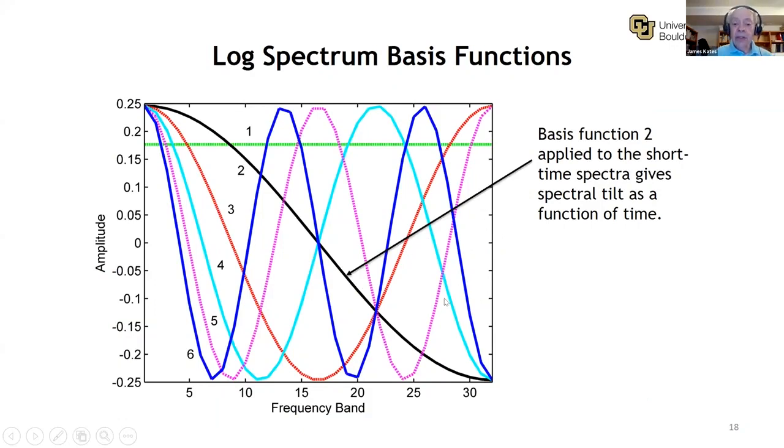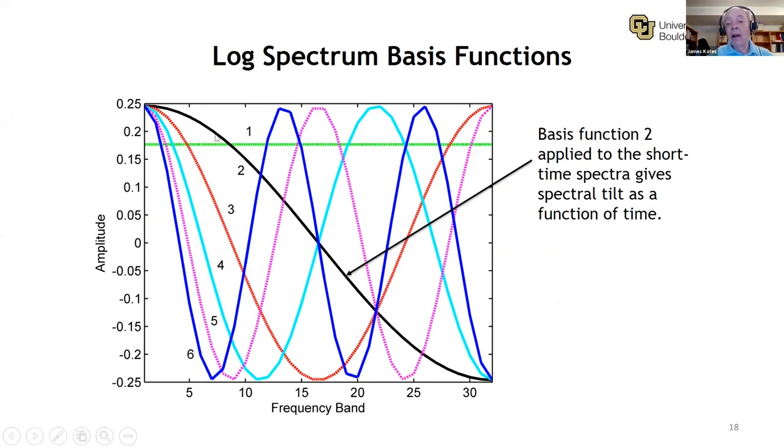These are the basis functions that we are using. If we look at basis function number 2, that represents spectral tilt. If, say, we have a vowel with a lot of energy at low frequencies, very little energy at high frequencies, we'll have a large positive value here.